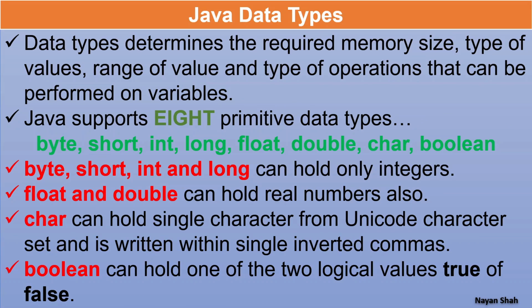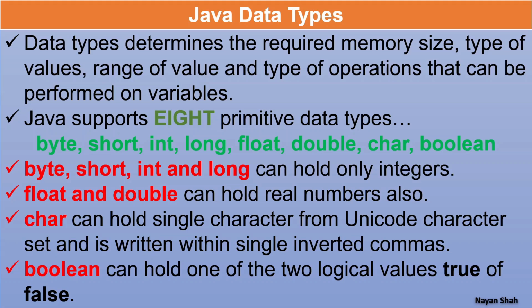Now here come the data types. As we discussed in the previous program, you saw double and float and integer and character. So what is that? A data type determines the required memory size, type of values, range of values, and type of operations that can be performed on a variable. What kind of information we can store in that variable, how big the information can be, and what kind of operations can be performed on that variable is decided by its data type.